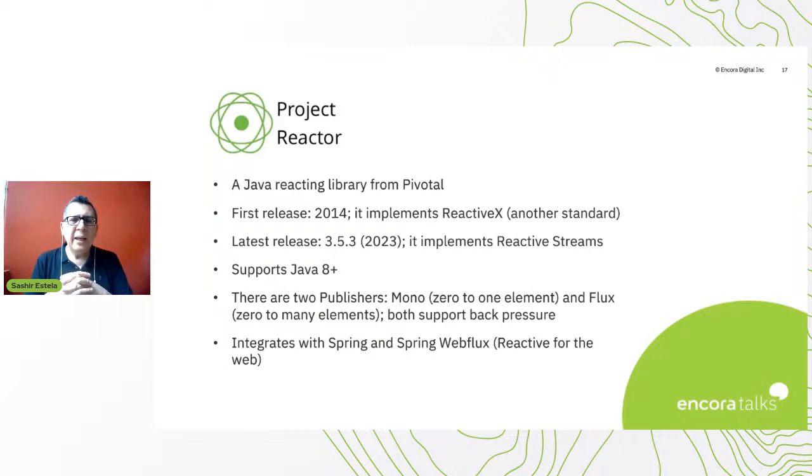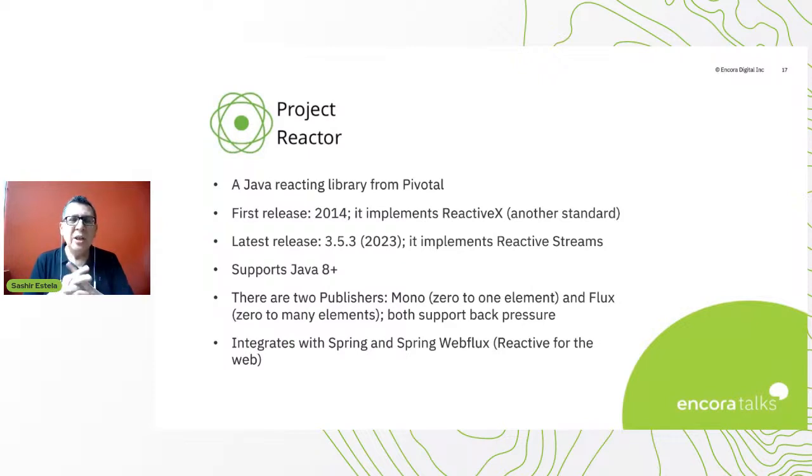Another relevant library is Project Reactor. Project Reactor is a reactive library created by Pivotal, the company that created the Spring framework. Okay, the first release was in 2014. It was implementing, as well as RxJava, Reactive Extensions, another standard. The last release this year implements Reactive Streams. It supports Java 8 and plus.